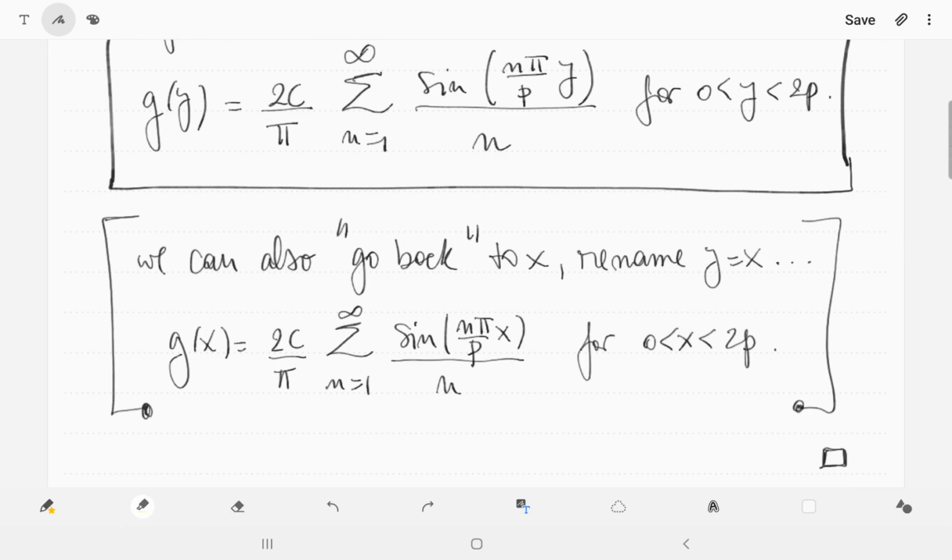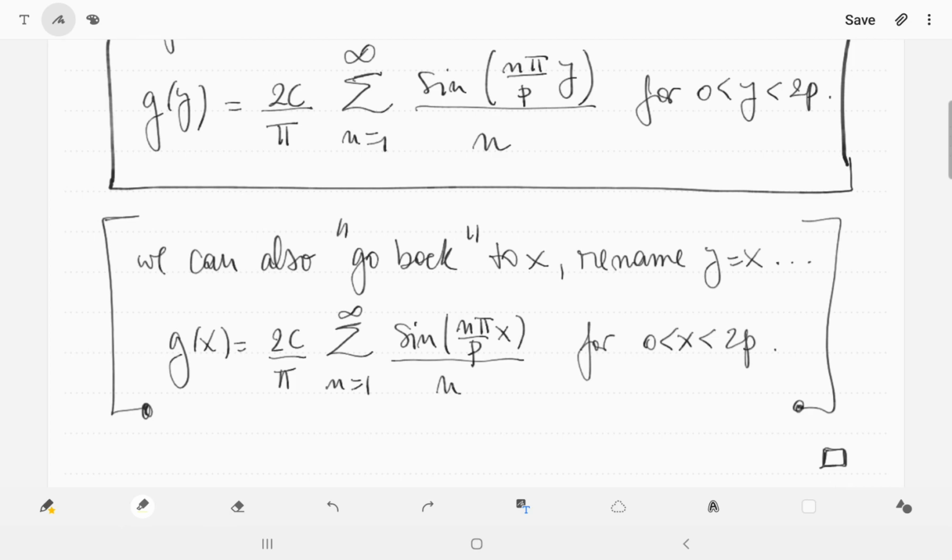So we recycle that information to get the Fourier representation of g without computing each Fourier coefficient with Euler's formula. We only recycle the information that we already had, which is the Fourier series representation of f.